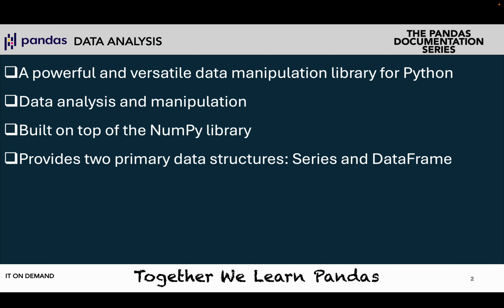Pandas provides two primary data structures. One of these data structures is Series and the other is DataFrame. When you think of a Series, you think of a one-dimensional array-like object. If some of these terminologies are new to you, just let me know in the comment section because I don't think we've talked about some of them.